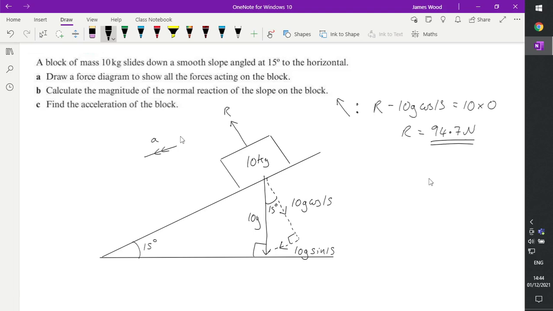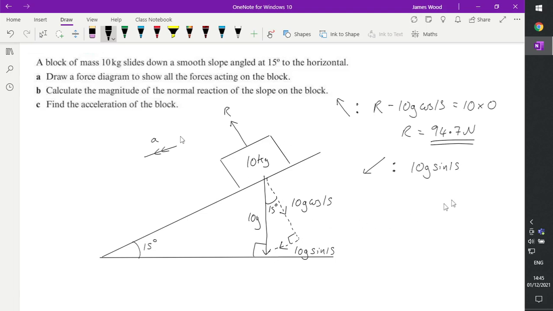Now to find the acceleration, I'm going to do exactly the same, but I'm going to consider all the forces in this direction, so down the slope, or parallel to the slope. So looking at the forces down the slope, I've got 10g sine 15. That is the component of the weight that's pulling it down the slope. And there isn't any other force in that direction.